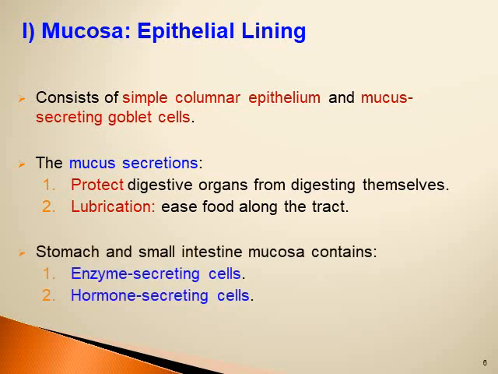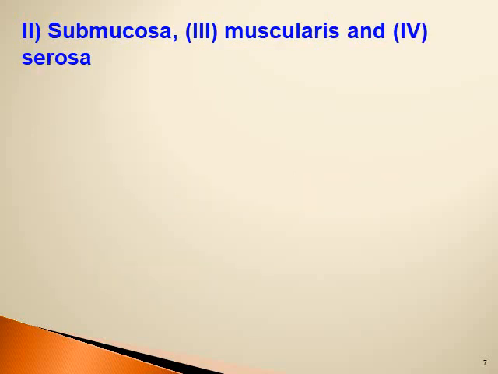The stomach and small intestine mucosa contains enzyme secreting cells and hormone secreting cells, and we'll see that in the stomach and the small intestine, and to some extent in the large intestine, where we have gastric glands and the intestinal glands, the crypts of Lieberkuhn. The other layers are the submucosa, muscularis and serosa.